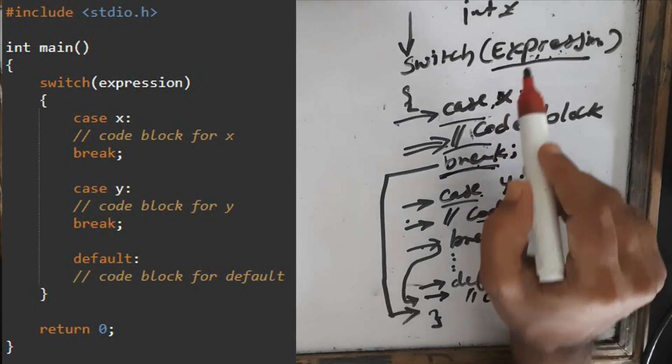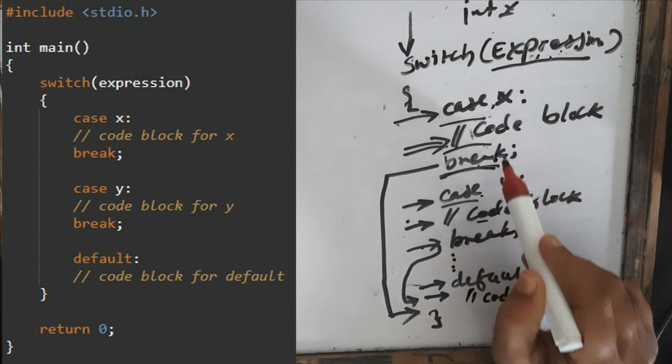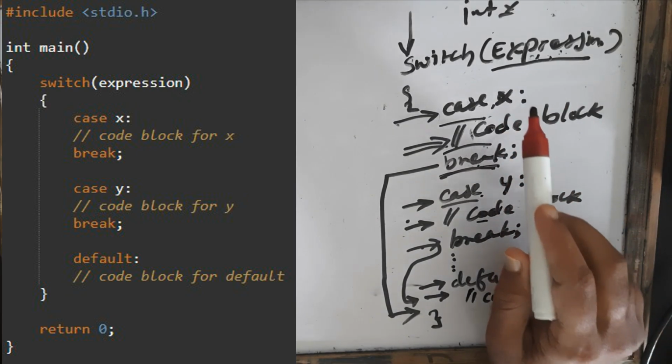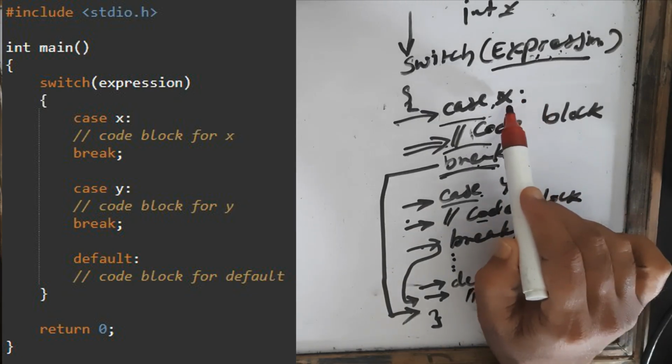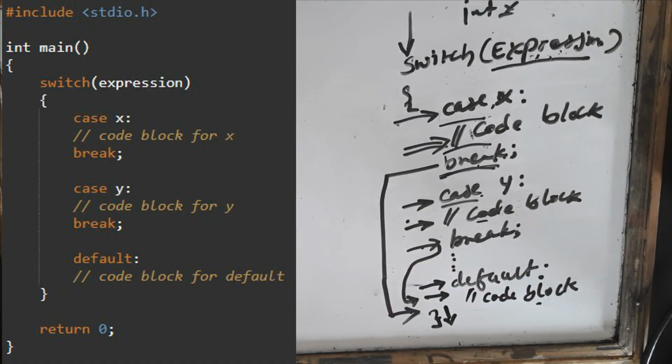So when the expression matches none of the cases, if the expression is not x, not y, it directly jumps to the default, then executes the respective code block, then it reaches the end of the switch case, and no break is needed because we are already at the end of the flower bracket. So that is how this switch expression works, how switch cases work.